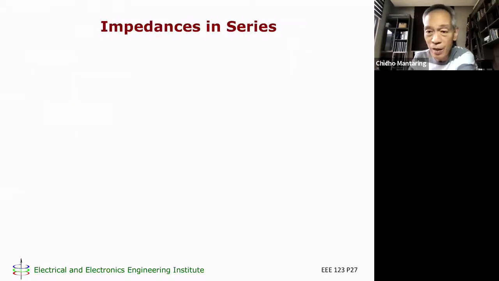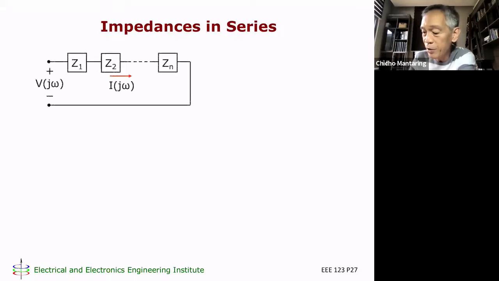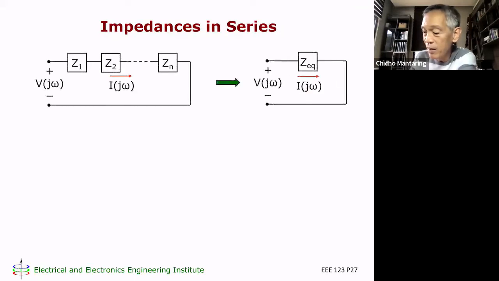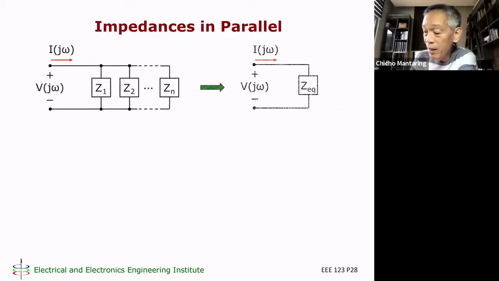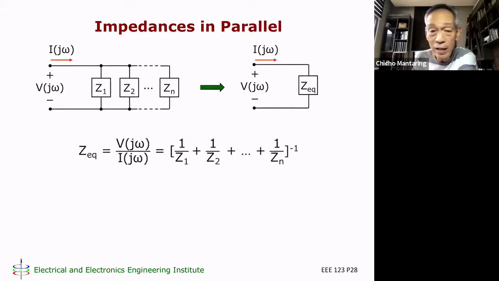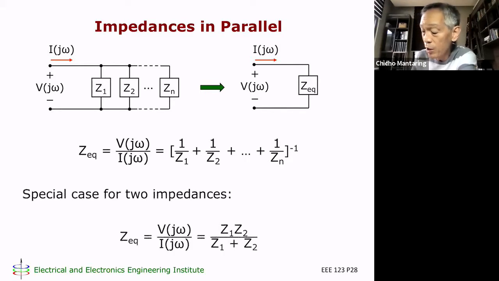Okay, and then impedances in series. I introduced this. Z equivalent is just the sum of all impedances. Impedances in parallel: Z equivalent is just the reciprocal of the sum of all admittances. Admittance is the reciprocal of impedance. When you have two impedances, it's just product over the sum.